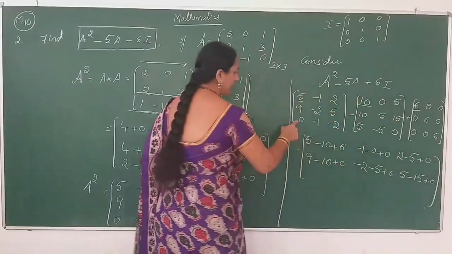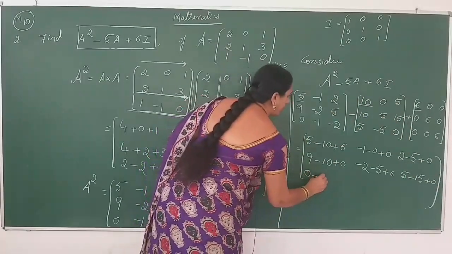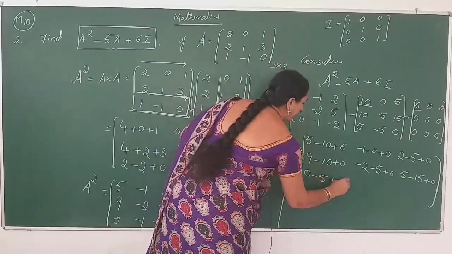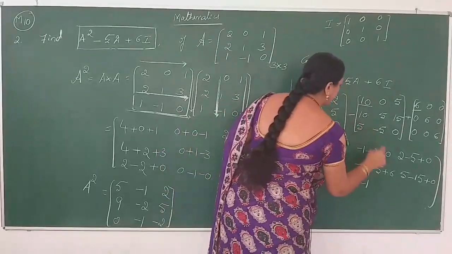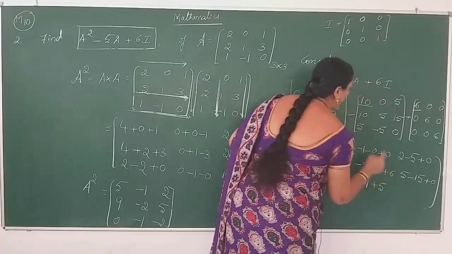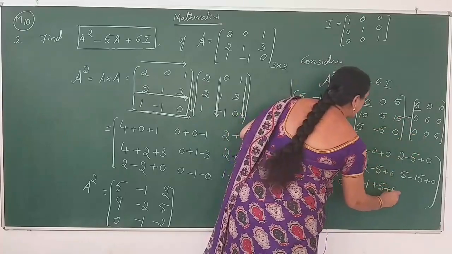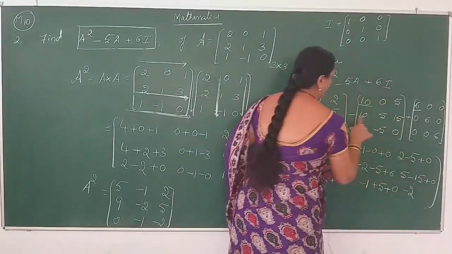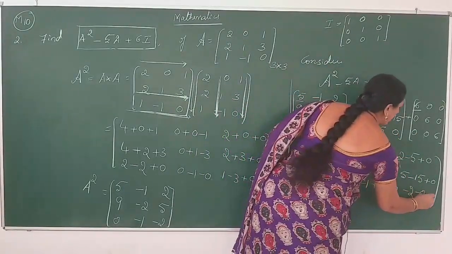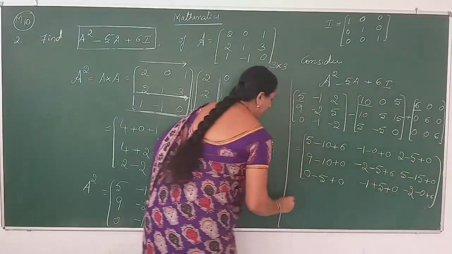Last one is 0, minus 5, plus 0. Minus 1 into minus 1 is plus 5, plus 0. Last element is minus 2, minus 0, plus 6.